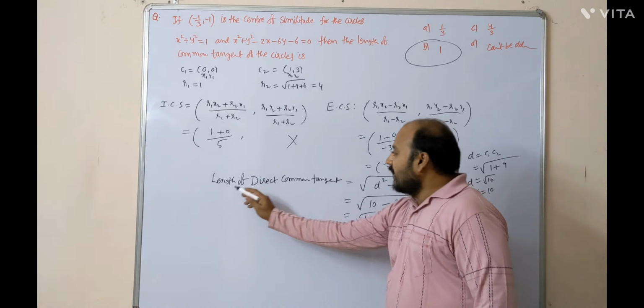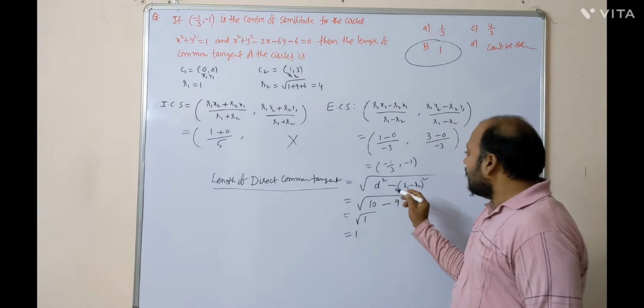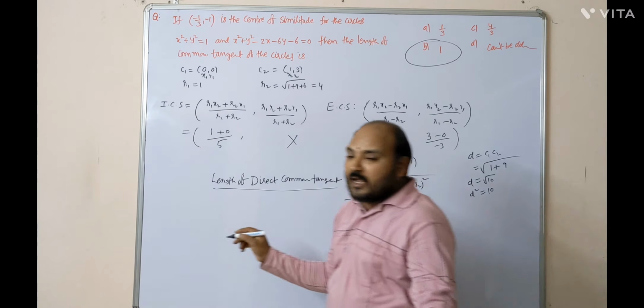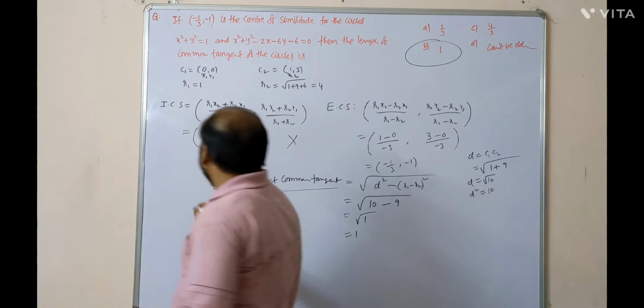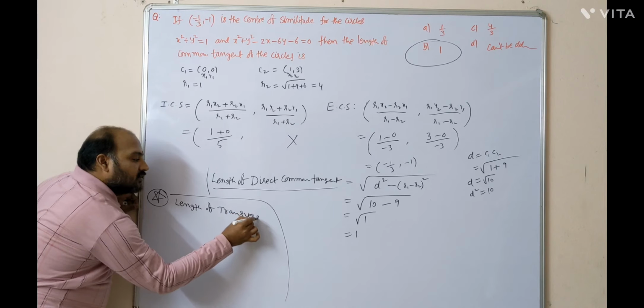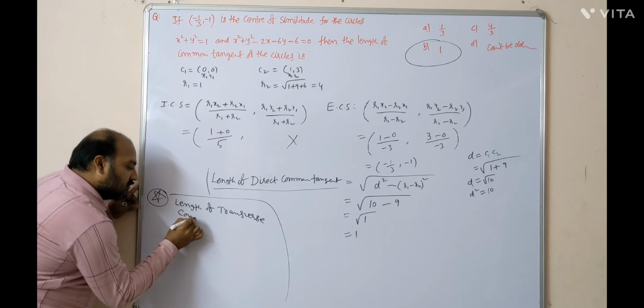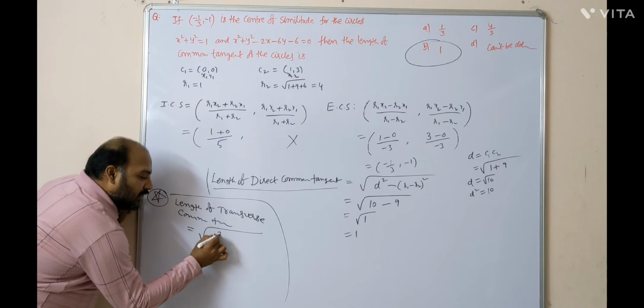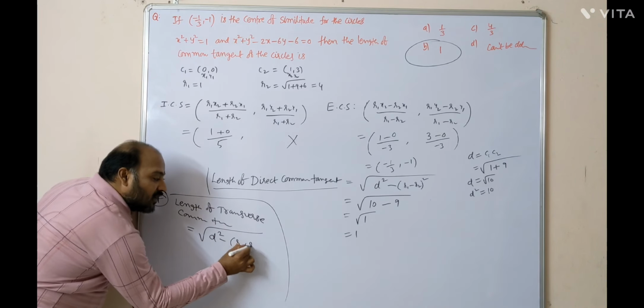Length of direct common tangent formula: root of d² minus (R1 - R2)². A hint I am giving for another question, other than this concept: length of transverse common tangent is root over d² minus (R1 + R2) whole square, dear students.